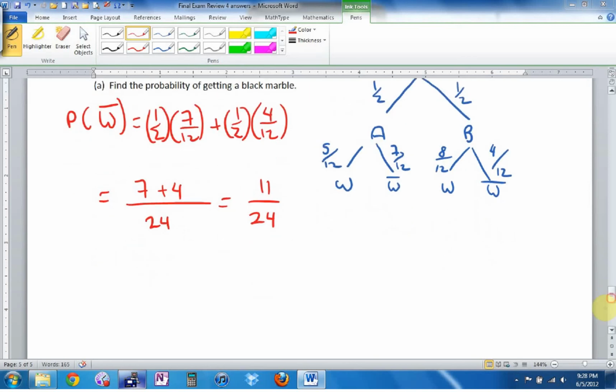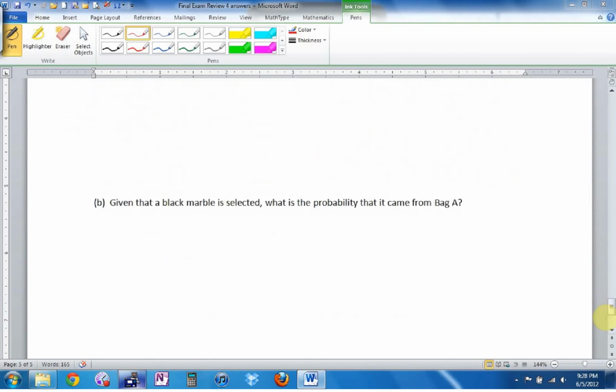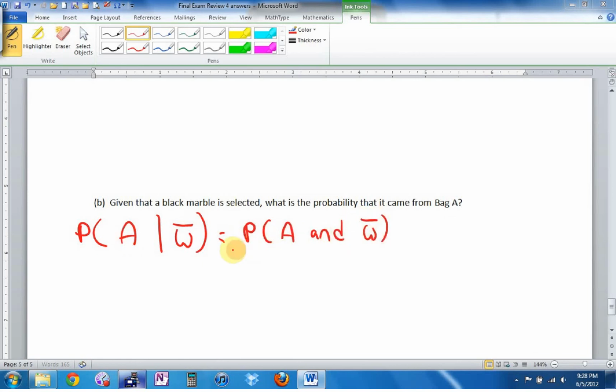B. I think there's a B. Given that a black marble is selected, what's the probability that it came from bag A? Given that it's not white, which is the bottom row, what's the probability that it came from bag A? This is a conditional probability, which is going to be the probability of A and not W divided by the probability of not W. A and black divided by black.